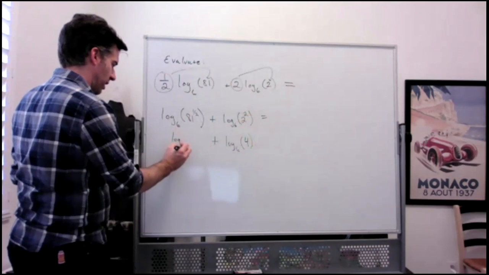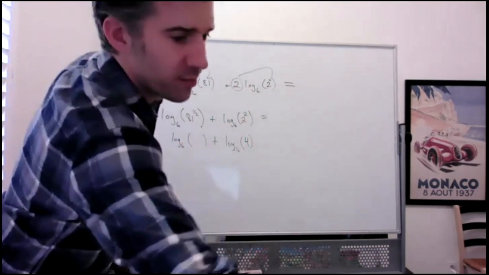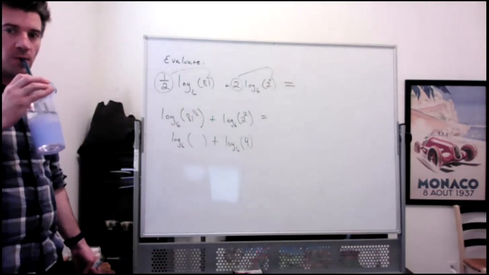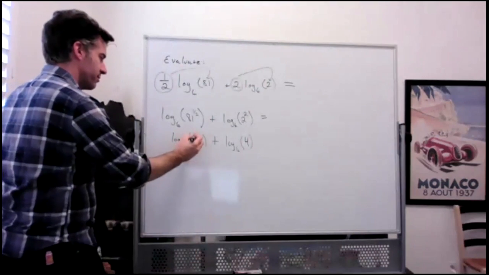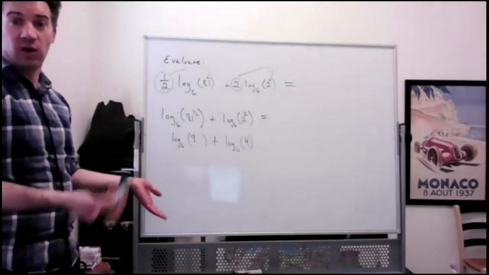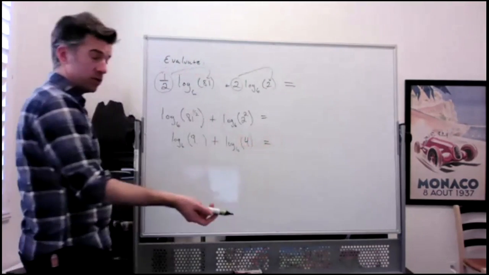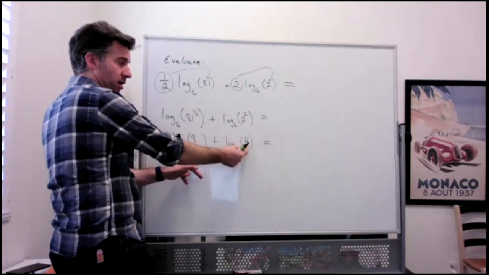Okay, let me ask you guys, what's 81 to the 1/2 power? Nine. Exactly. Or you could also say it's the square root of 81, which is still 9. And then we can combine these by multiplying, right? You're adding 2 logarithms together, so you're going to multiply the arguments.